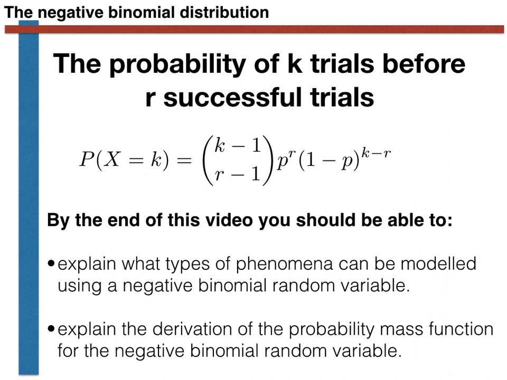To conclude, then, let's briefly return to the learning outcomes for this video. I said at the start that by the end of this video you would know what types of phenomenon can be modelled using a negative binomial random variable. As we have seen, if the probability mass function for the negative binomial random variable is evaluated at k, we obtain the probability that the rth successful trial will occur on the kth trial performed.